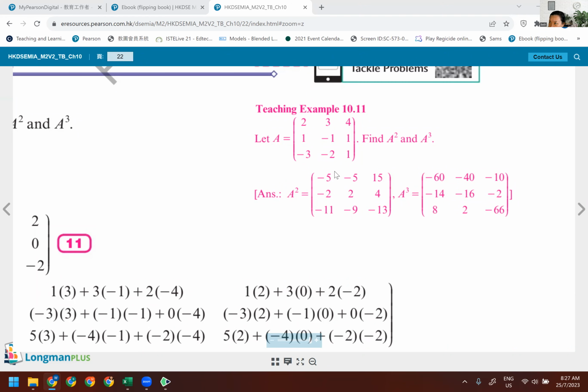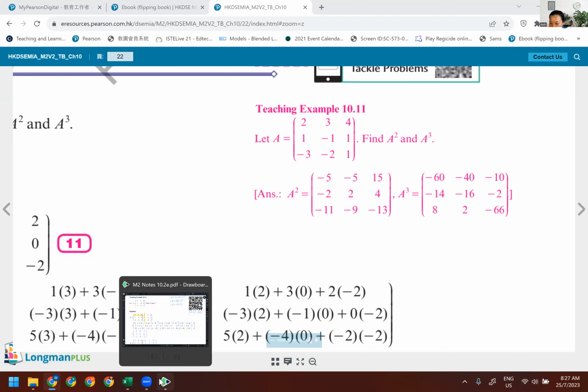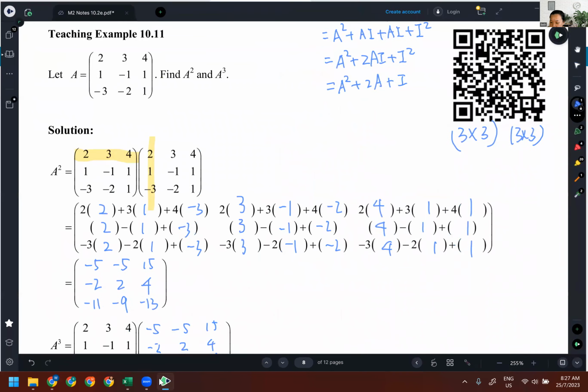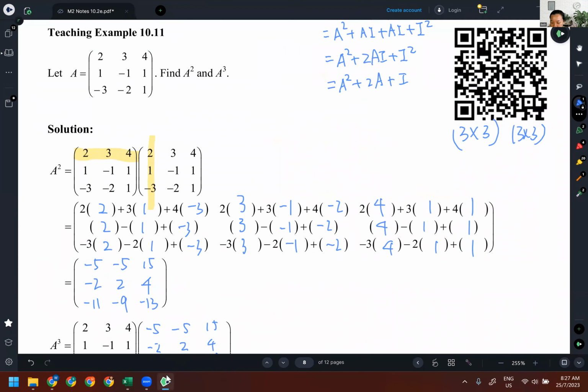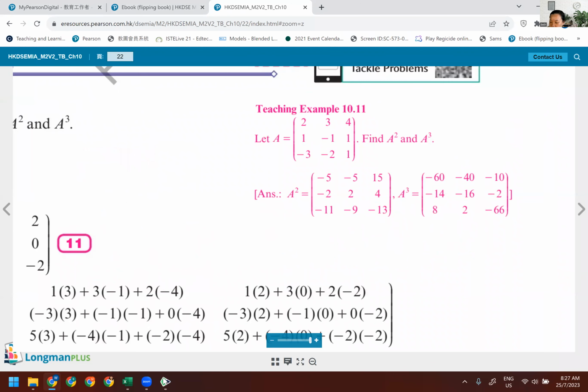A squared is this answer. Let me see if I'm correct. Yes, A squared is this answer. The A cube is this answer. Okay, so that's the first example.